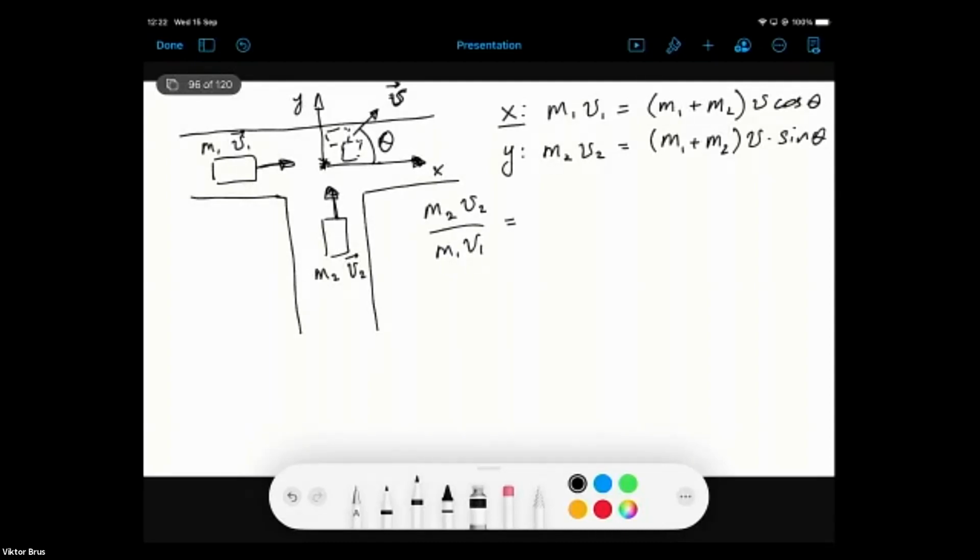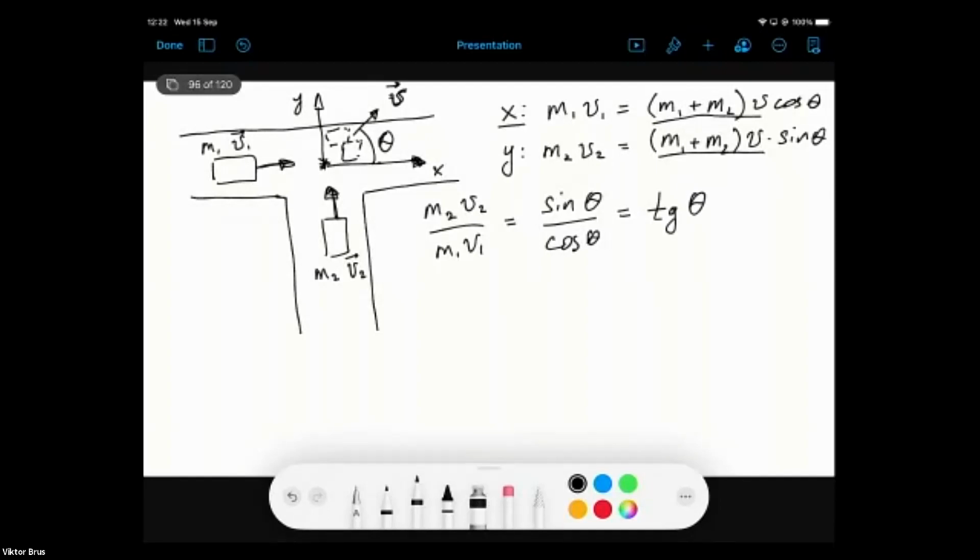Then we will cancel out the parts that are the same, v times the sum of the two masses, and there will be sine theta divided by cosine theta, and that is tangent theta.